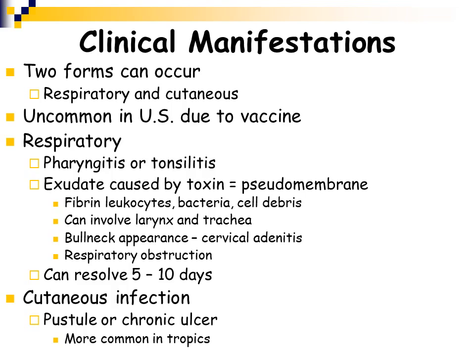There are again 2 different forms of the disease diphtheria. There's a respiratory form and a skin or cutaneous form. Diphtheria has become a very uncommon disease in the United States due to the diphtheria vaccine. So in the US we have the DPT vaccine that everyone gets as children.